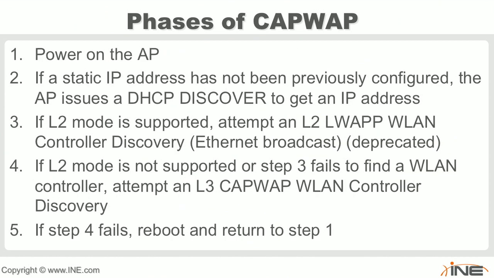Looking at some of the phases of CUWNA, we power on the AP. If there's a static IP address that has not been given yet, the AP is going to do just like any other IP client would do, which is issue a DHCP discovery. It's going to try to get an IP address. Now, we'll look at a few things in this particular module that are deprecated and don't really function or get used anymore.